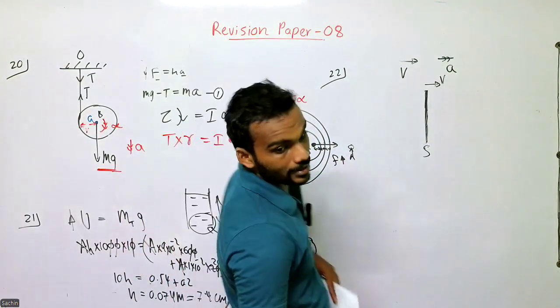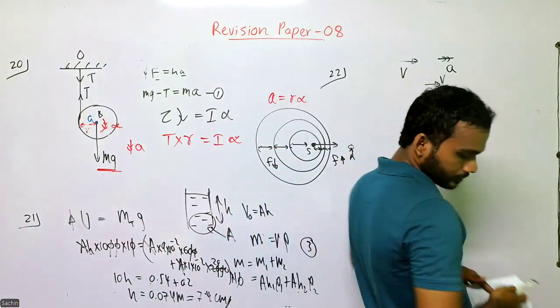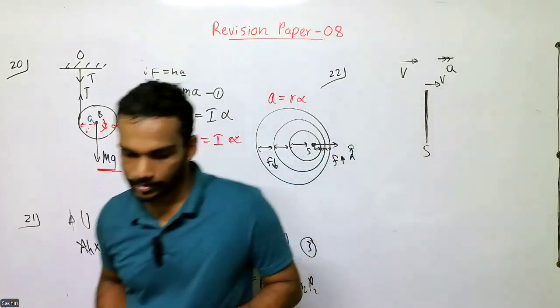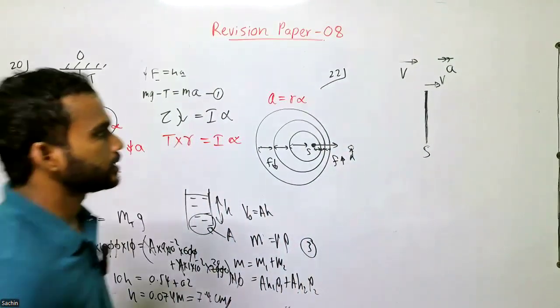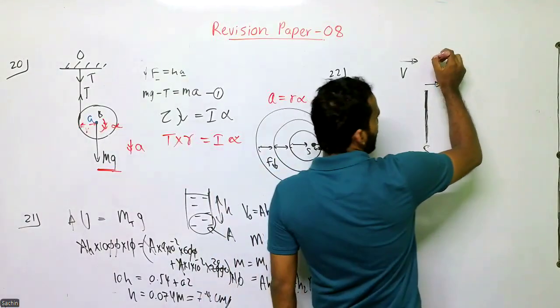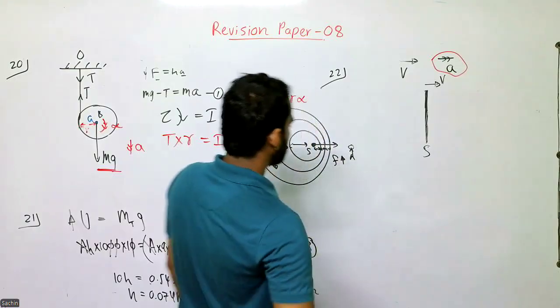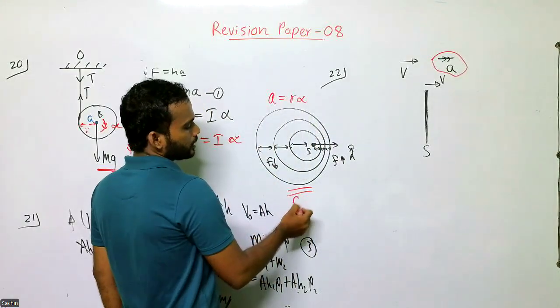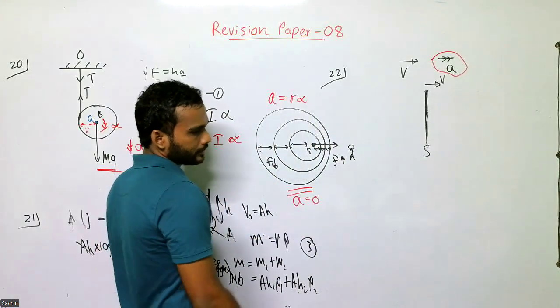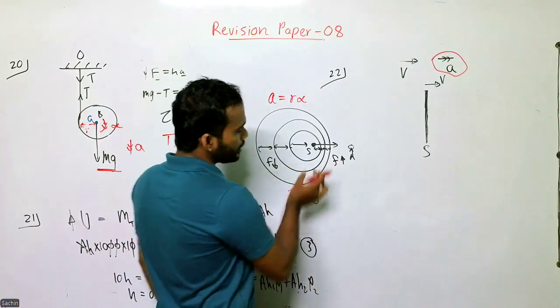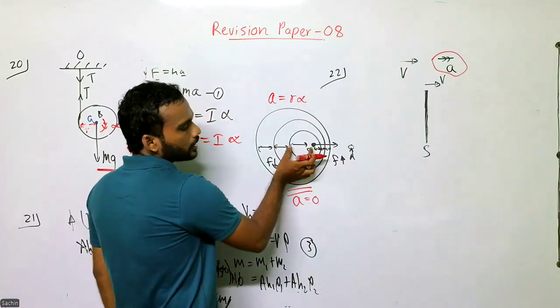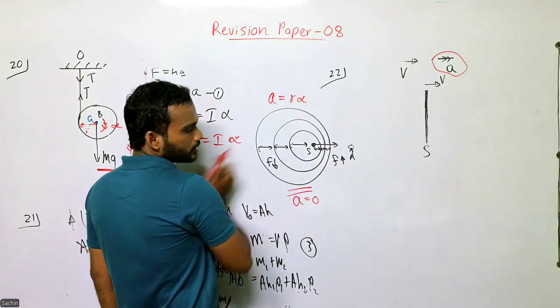Again, this one has an acceleration other than the velocity. So if there is no acceleration, considering zero acceleration, no acceleration means these gaps stay constant.